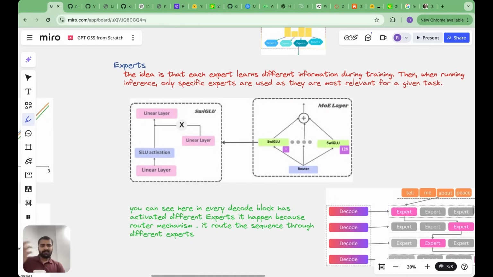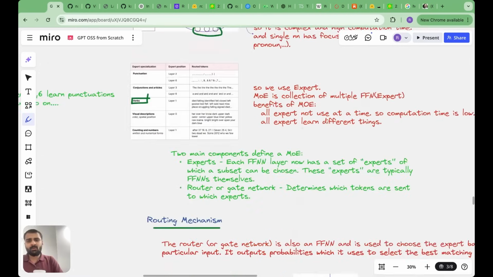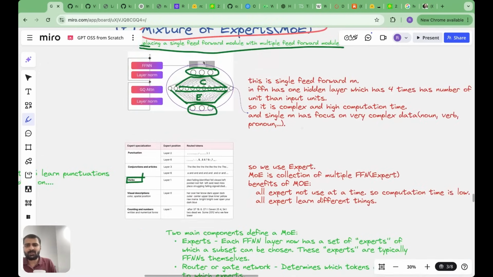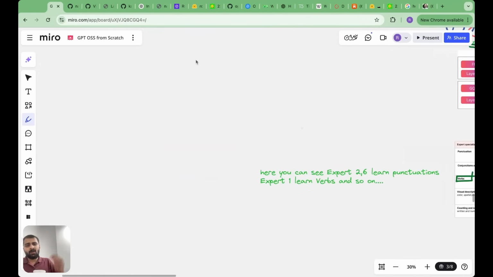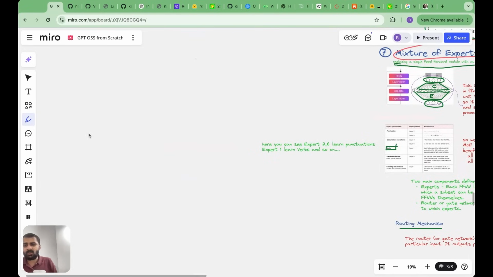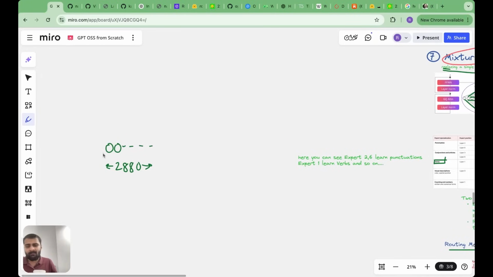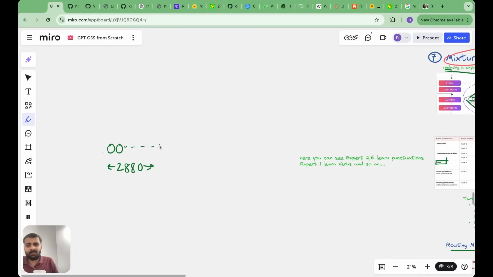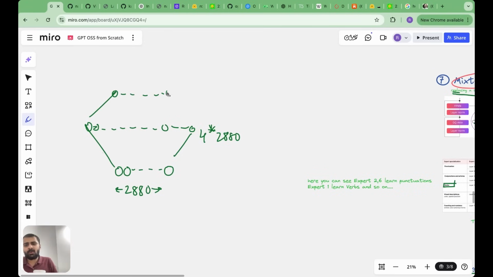Now that's with the mixture of experts, but we still need to consider how this feed forward architecture itself is designed, right? Earlier, before modern LLMs came into the picture, the simple thing was if you had a 2880 dimensional vector, which is the embedding dimension of GPT-OSS, you simply had a hidden layer which has 4 times the number of embedding dimensions, 4 into 2880, and then an output layer which has the same dimensions as 2880.